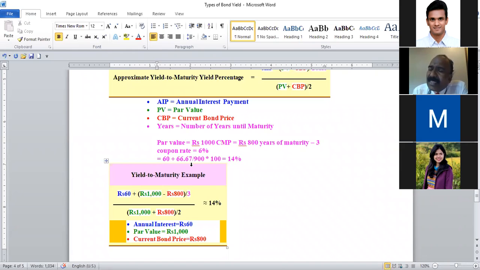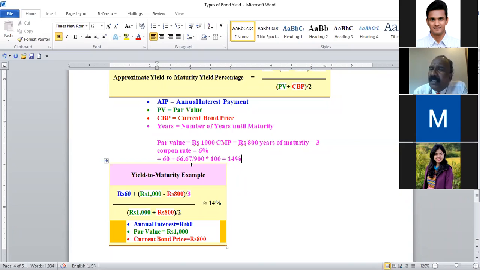So in the case, if the question is to compute YTM, you will have to use the trial and error method. If the question is to compute approximate YTM, then use this equation. This is not the equation for calculating the exact YTM.